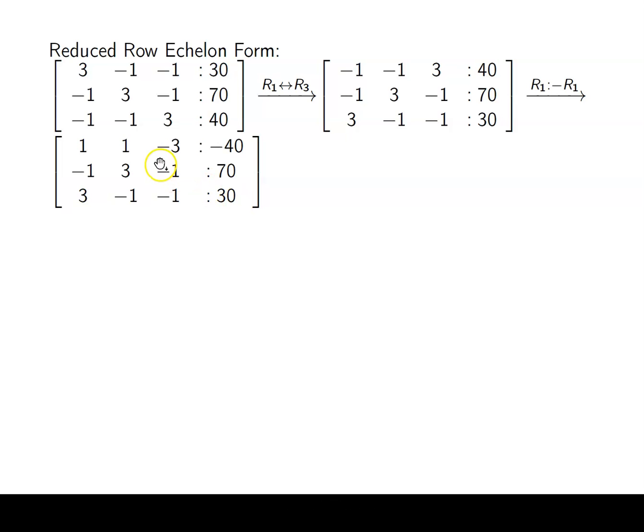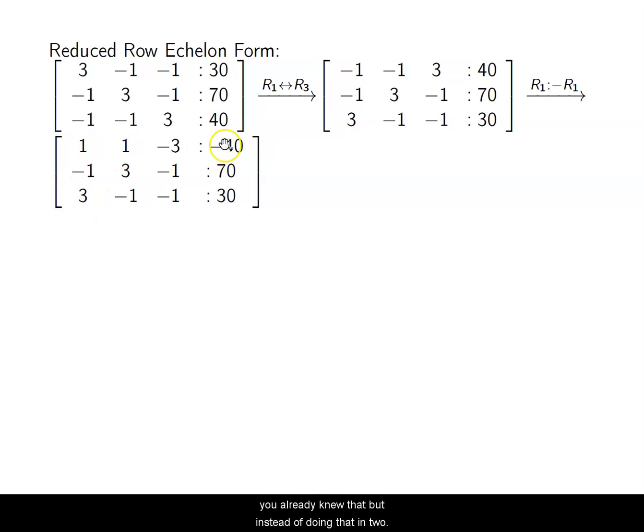So I'm still going to do one at a time, but I'm going to do 2 things. Okay, I am going to clear out this entry by turning R2 into R2 plus R1, and then I'm going to clear out this entry by making R3 equal to R3 minus 3 times this one.